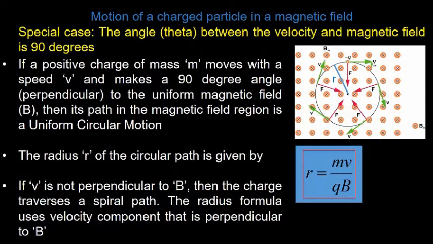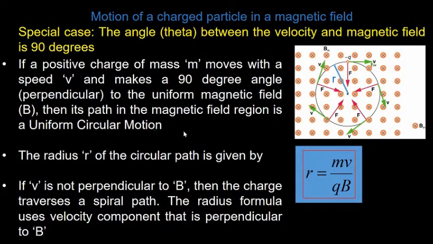As seen in the picture, the magnetic field is pointing into the screen, shown by crosses, and the symbol for the magnetic field is represented by B subscript IN.